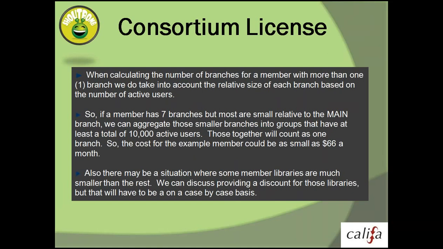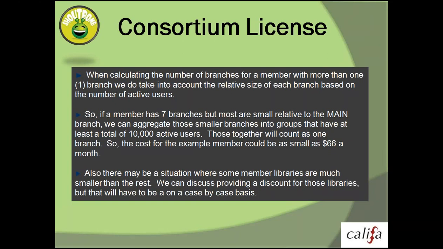But even within that, there are members that have 1 or 2 large branches, and others are small. So we take that into account when we calculate the fees per branch. Depending on the relative size of those small branches, we could aggregate those into one of the other branches and reduce the cost that you would normally see.